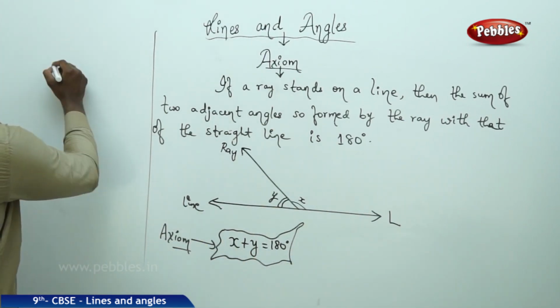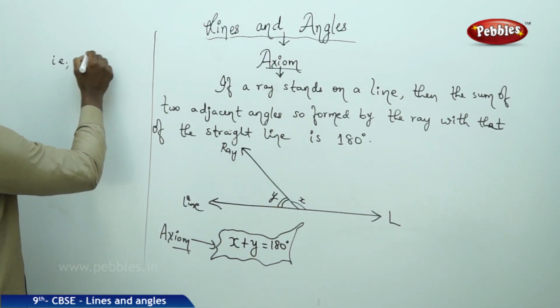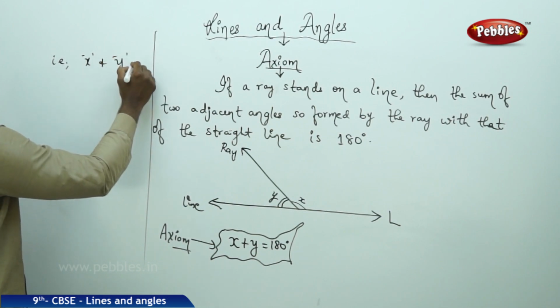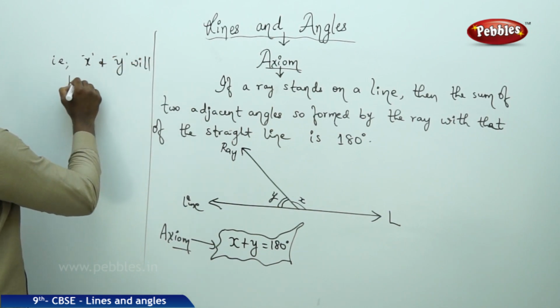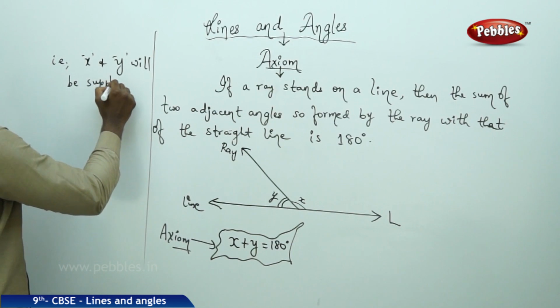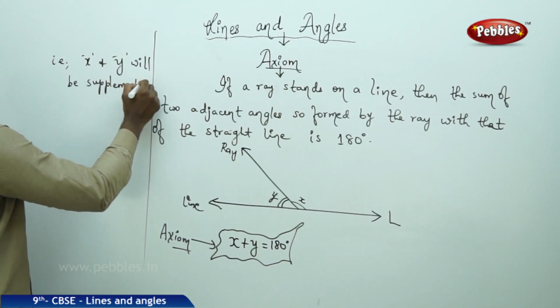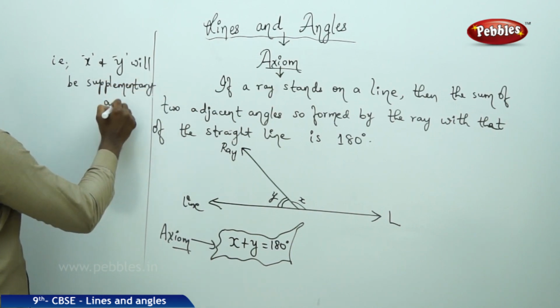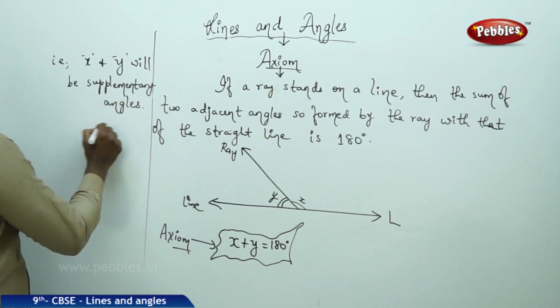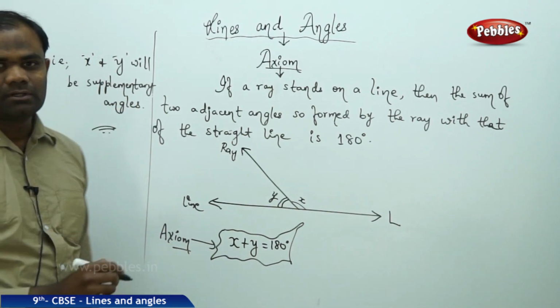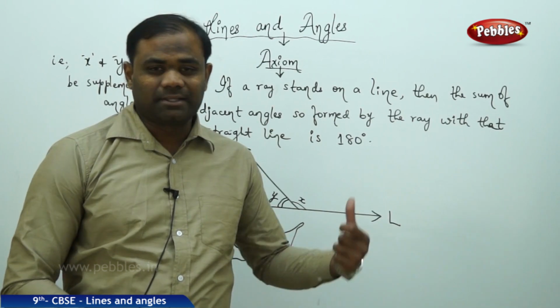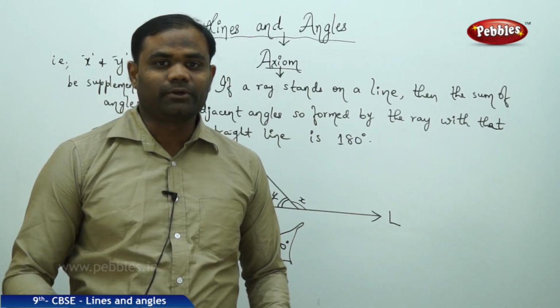That is, x and y will be supplementary angles, is how we understand the axiom related with plane geometry.